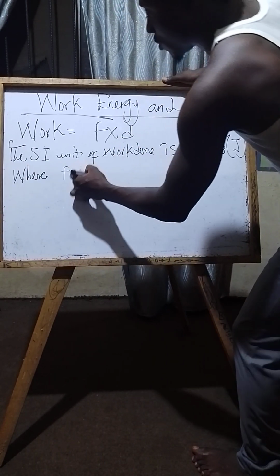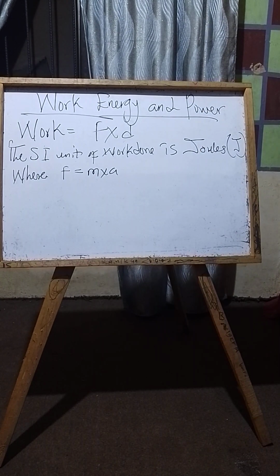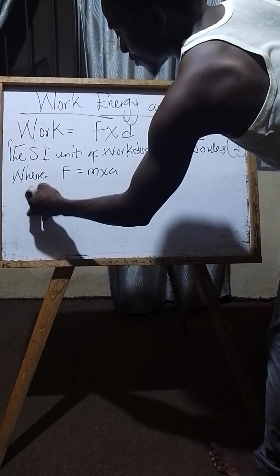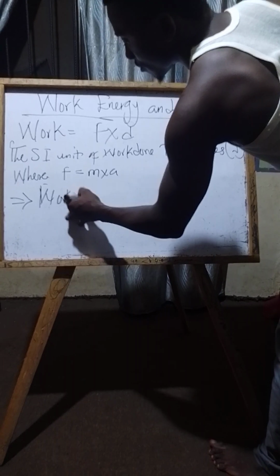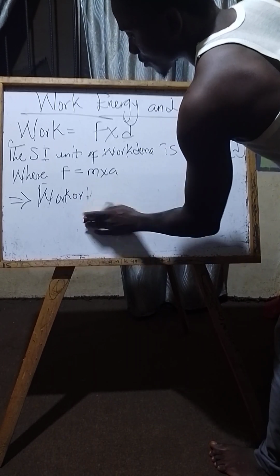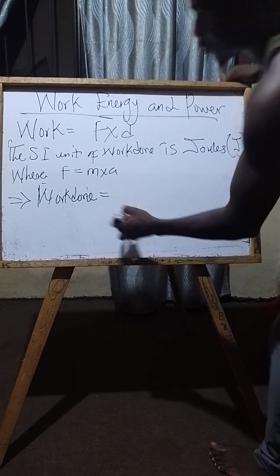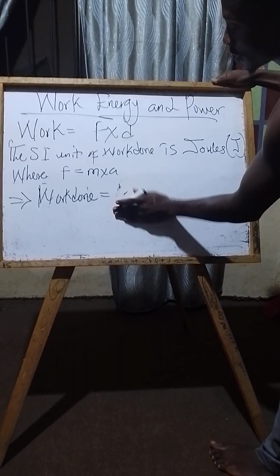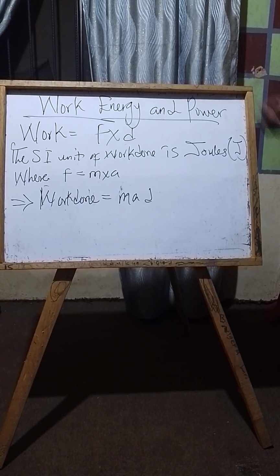Now, please write these things, where force is equal to mass times acceleration. Therefore we can say that work done is equal to what now? Instead of writing force, we can say it is mass times acceleration.